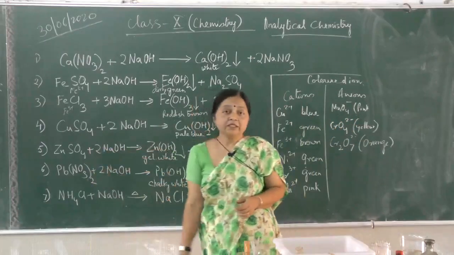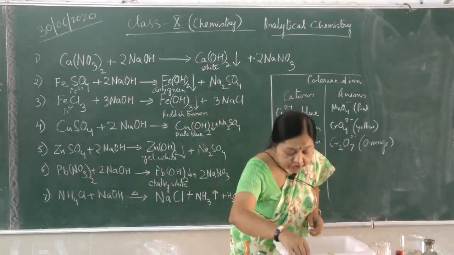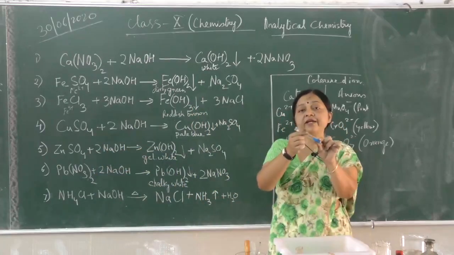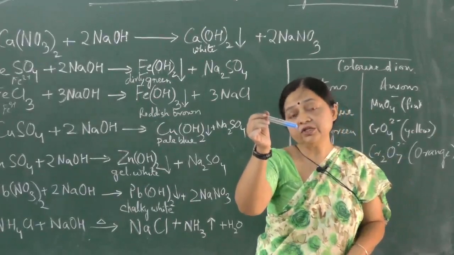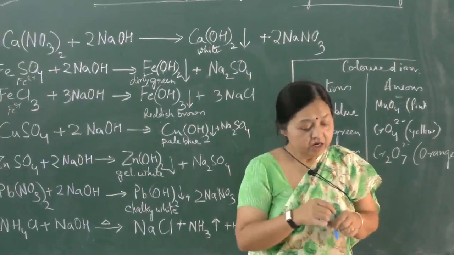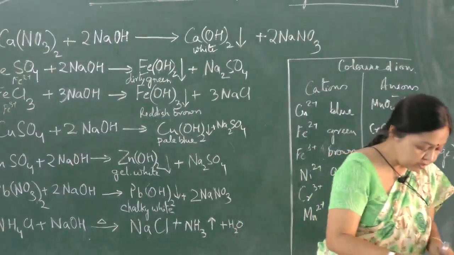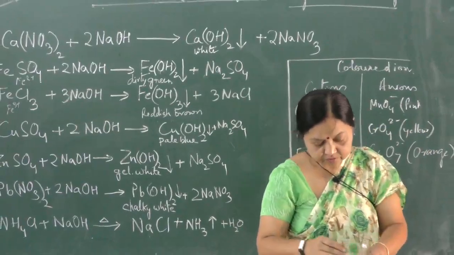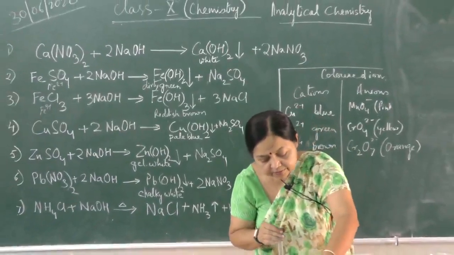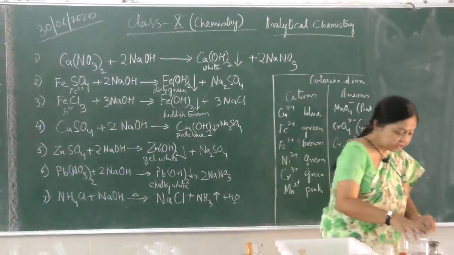Now we come to copper sulfate. Copper sulfate I just showed you. This is the solid copper sulfate. It is crystalline blue in color, CuSO4.5H2O. Now we will take a small amount of this copper sulfate, and we will make a solution of it.